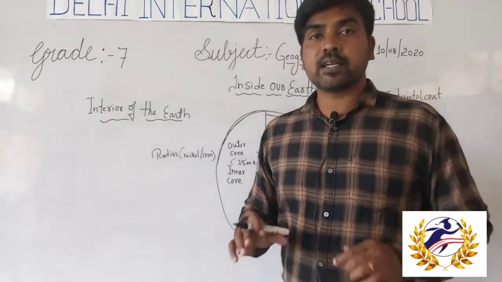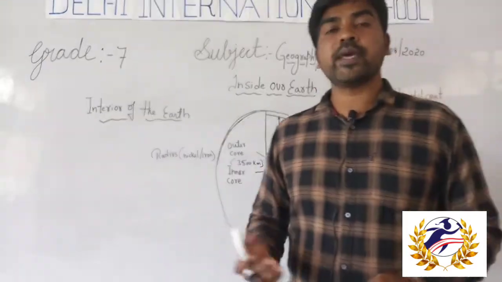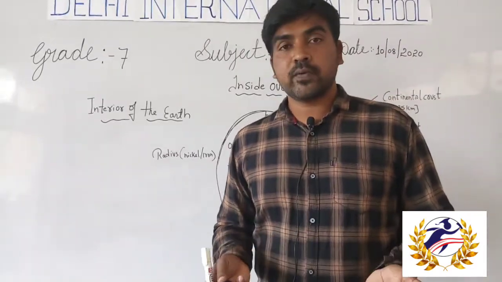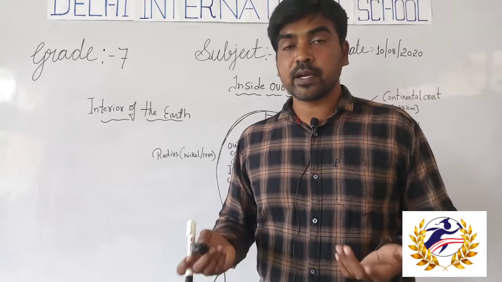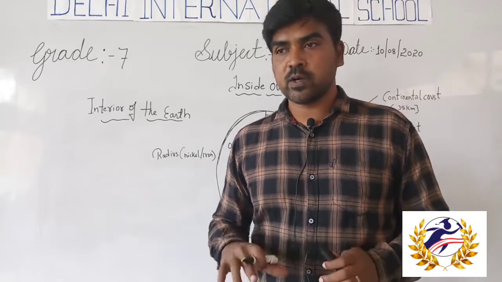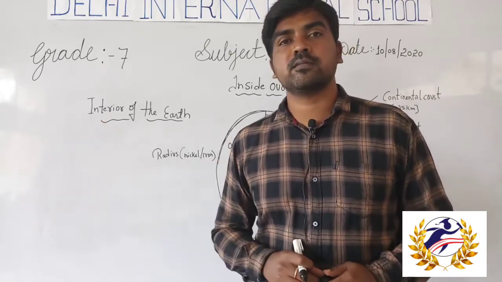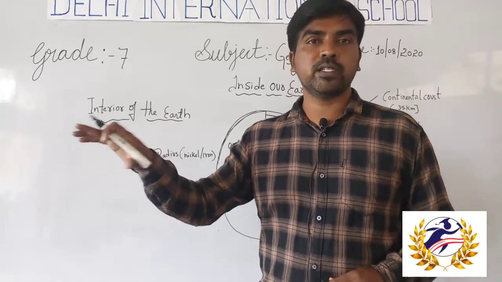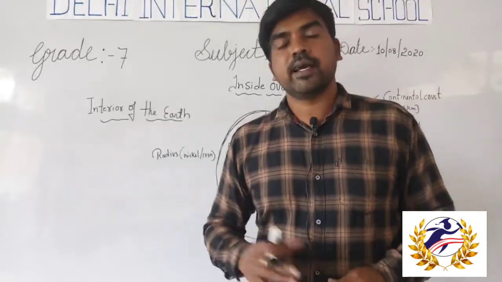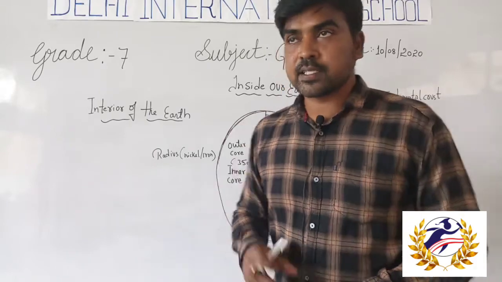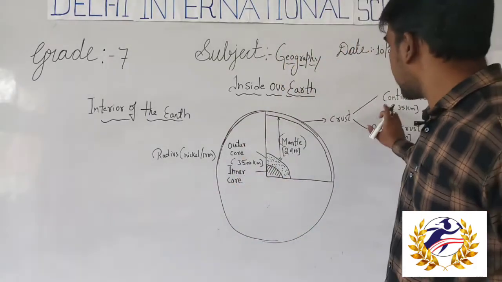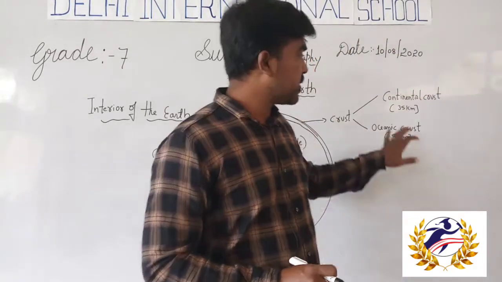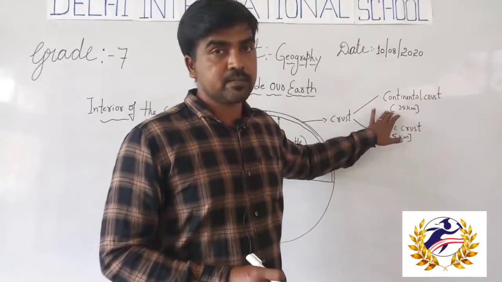The continental crust is where we can see the 7 continents and the countries. Right now we can see the continental crust, everything in our surroundings on the earth. That is all an example of continental crust. The thickness of the continental crust is about 35 kilometers.